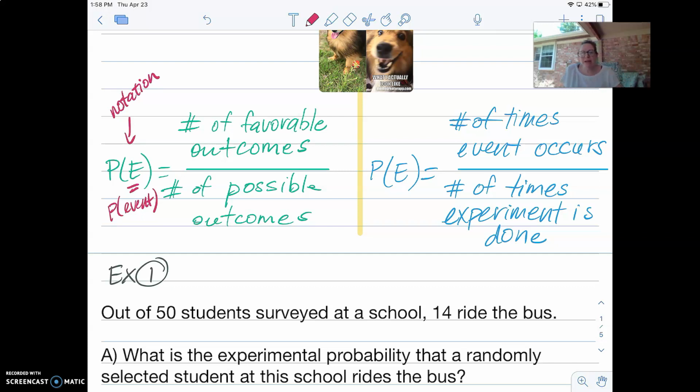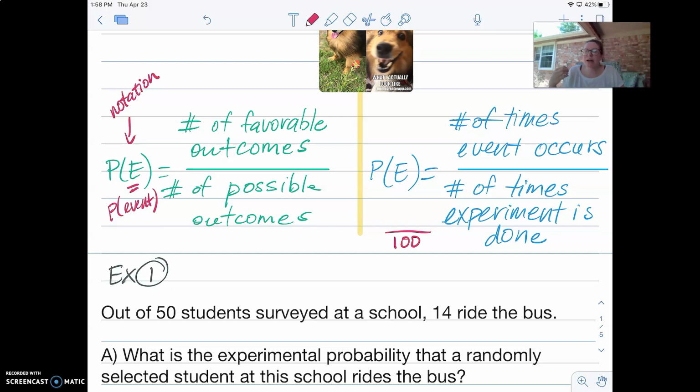In an experimental probability, you take the number of times an event actually occurs and you divide by how many times that experiment is done. So the example here with a die would be, let's say you roll a die 100 times. So that means the number of times you're doing this experiment is 100.